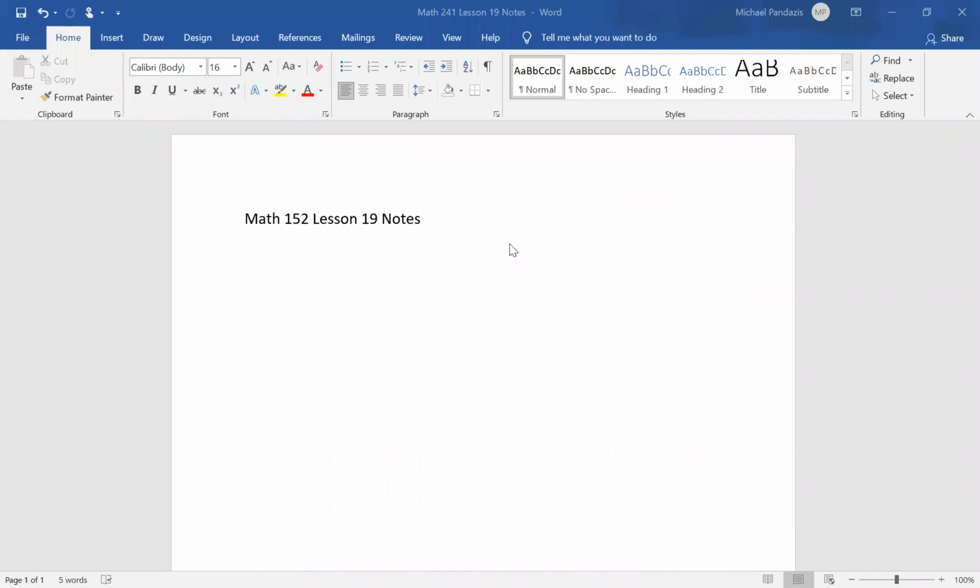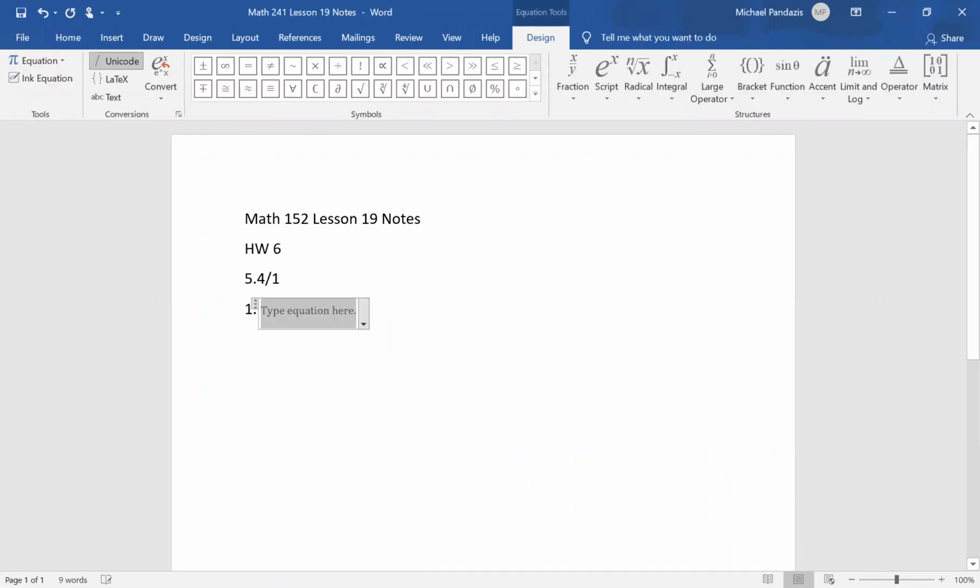Okay, so homework 6, 5.4 number 1. The question is to find the probability that x is at most 1.2.